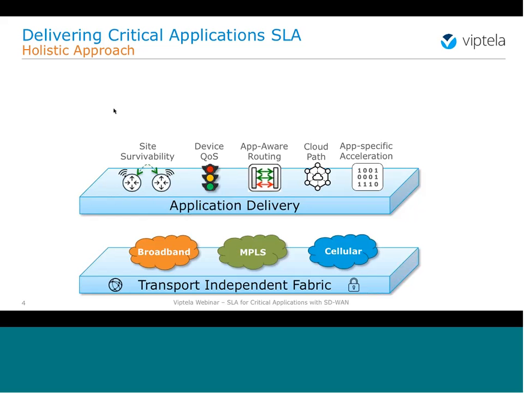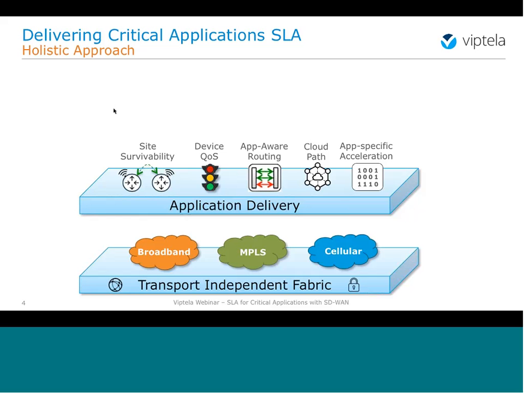And that is done through either built-in features in the solution, or through features such as service insertion, where you can insert third-party optimization solutions which are application-specific into the SD-WAN fabric. So these are the main care-abouts that you want to make sure the SD-WAN solution you're exploring has, in order to deliver a comprehensive set of critical application SLAs.